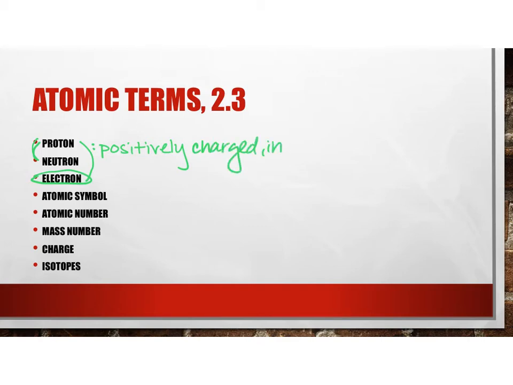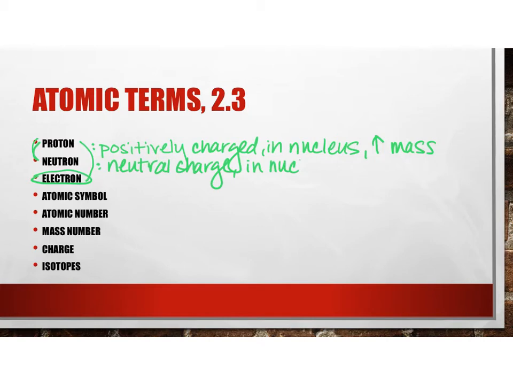I'm going to abbreviate that a little bit. A proton is in the nucleus, which is in the center, and I'm going to put that it has a high mass. A neutron is just like it says in its name, a neutral charge, in the nucleus, and also has a high mass.